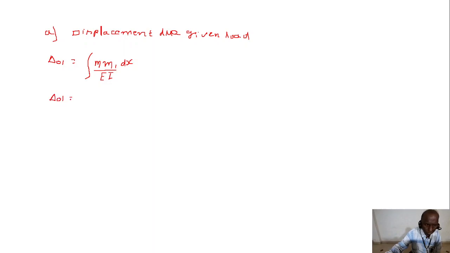Delta 01 equals first segment 0 to 3. Take the common EI. Big M is 0, small M1 is also 0, 0, 0 dx.